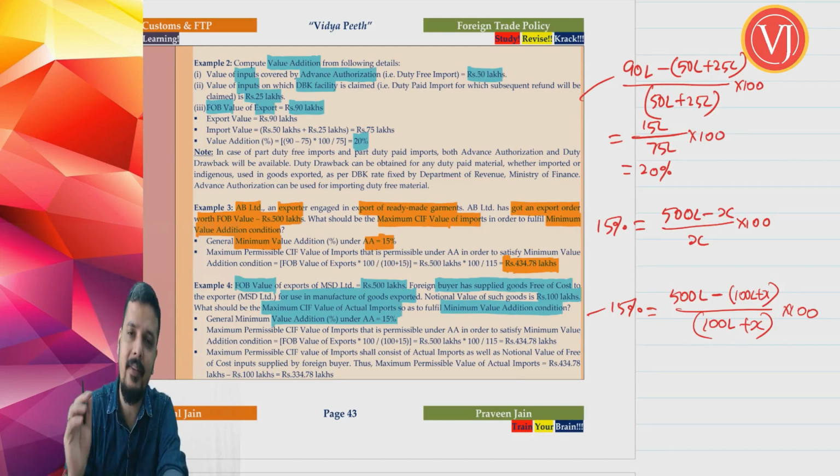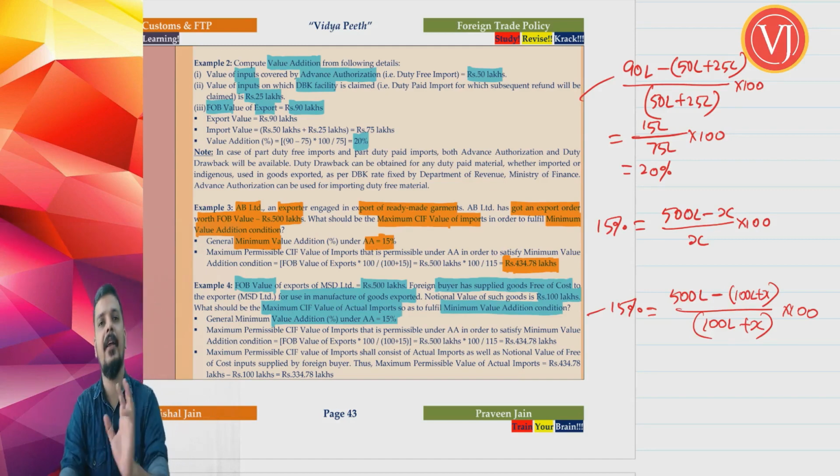Now what is said is, they have given the export value. So you know 500 lakhs FOB value. They have said that you have to achieve the minimum validation, which is 15%. That you have to remember for advance authorization is 15%. Now import value, if you remember, I said 3 important points you should remember.